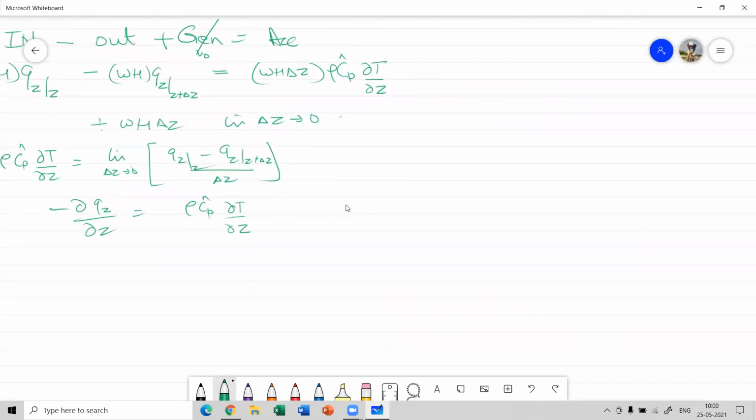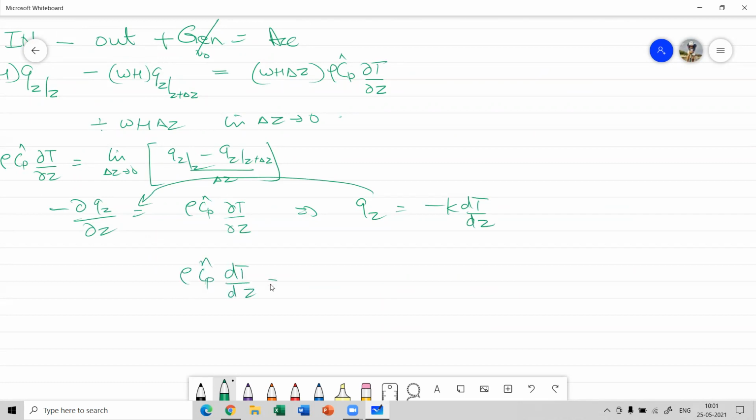And according to conduction, Qz is minus K dT by dz. So if you substitute this term over here, we have rho Cp dT by dt equal to K del square T by del Z square.